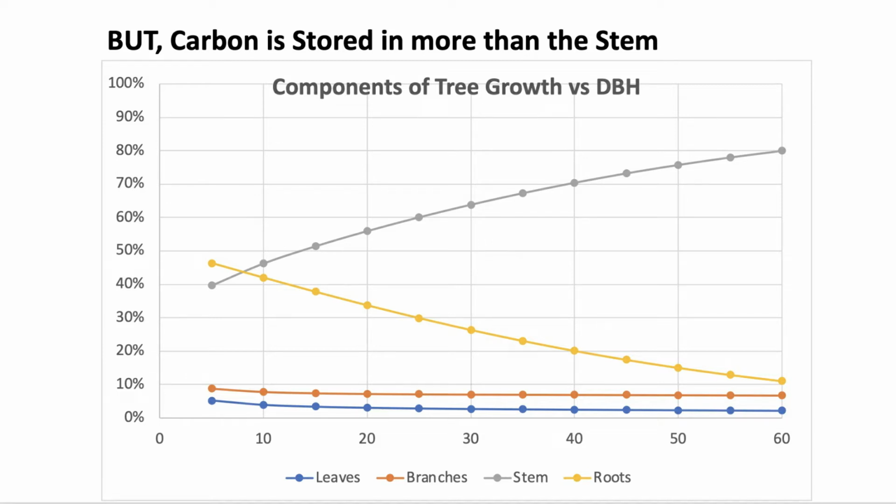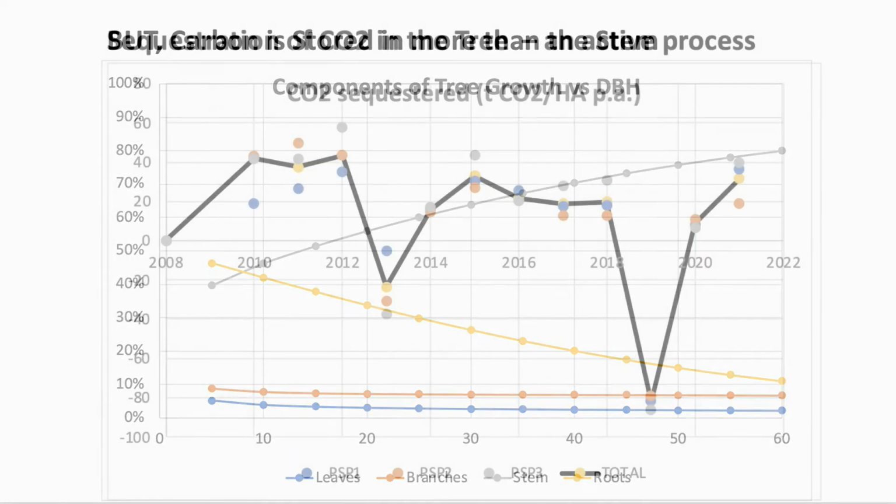When they're small, the roots actually have got more in them than the stem, or about the same anyway. But as the tree gets bigger, proportionally the roots get smaller. They don't actually get smaller, they get proportionally smaller as the total volume of the tree, and more of the tree now goes into the stem itself. The leaves and the branches stay at a relatively constant, relatively small level. But the point is that carbon is stored in all of those components. It's not just in the stem.